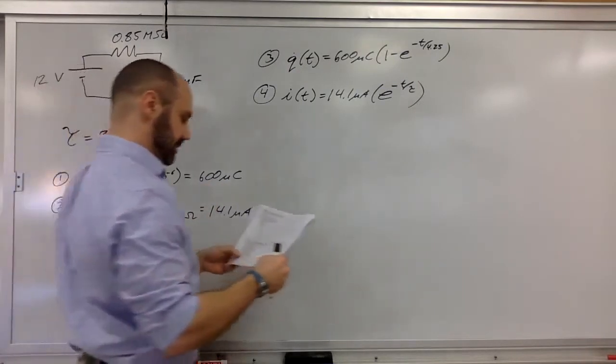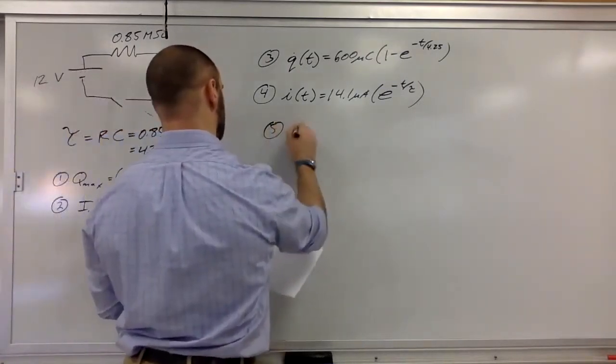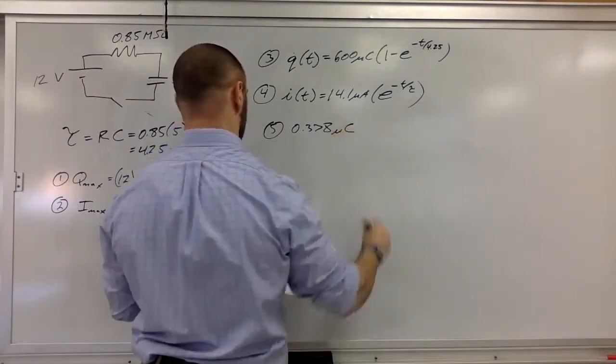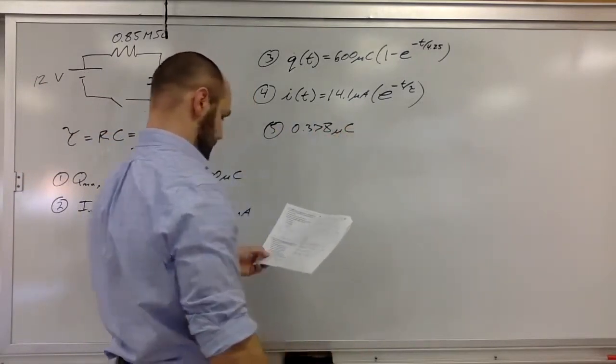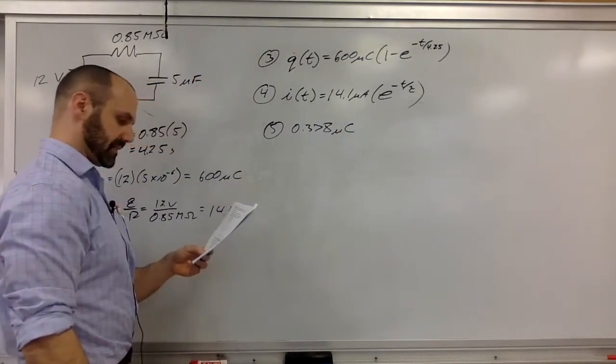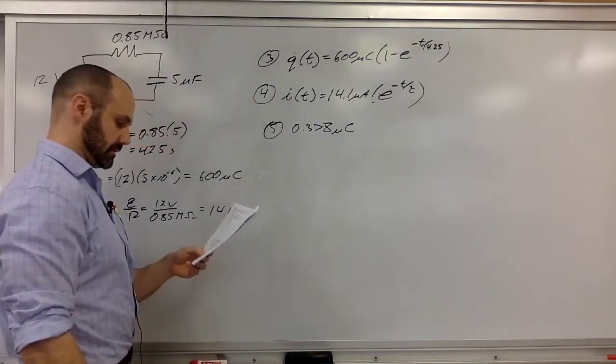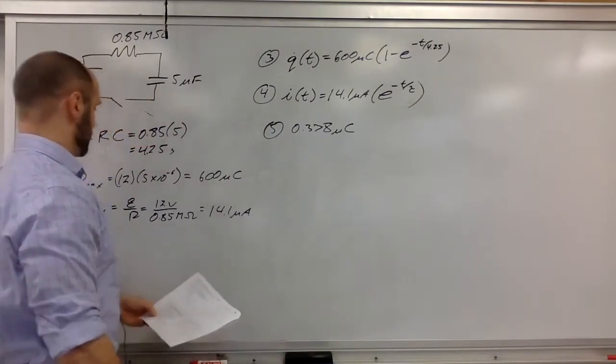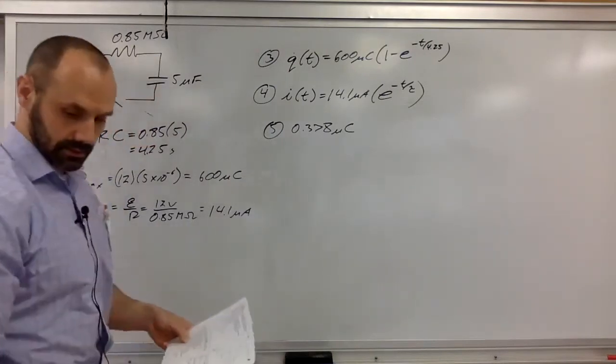It's 0.378 microcoulombs, which doesn't really make much sense, because that does not look like 63% of that. Let's see.